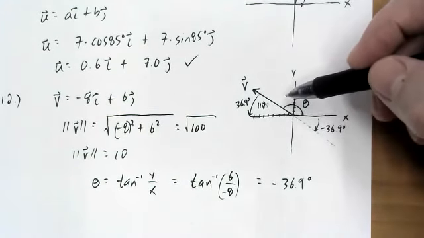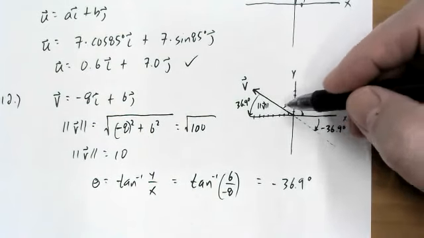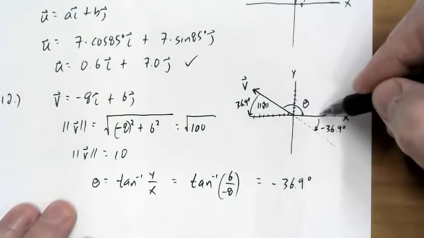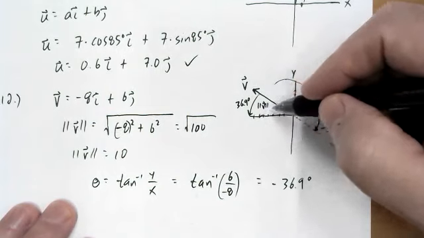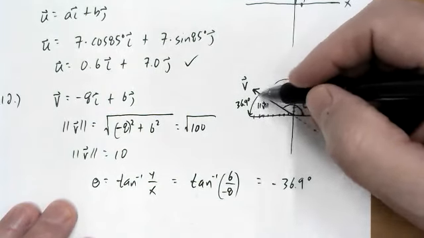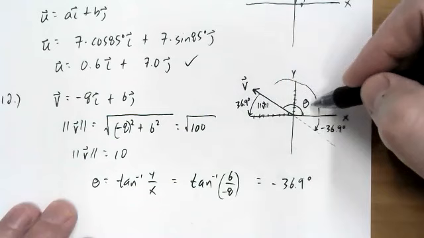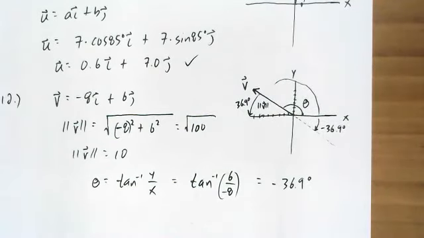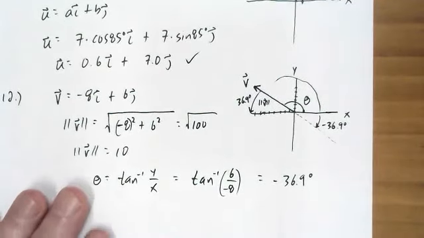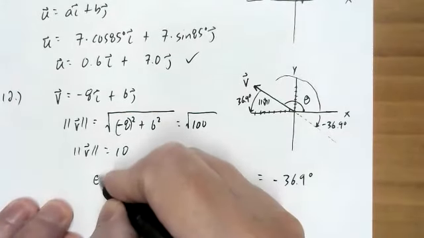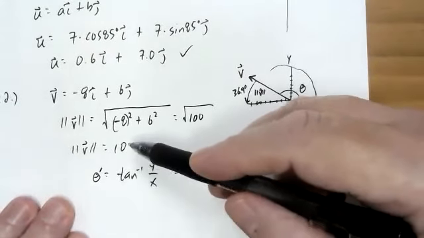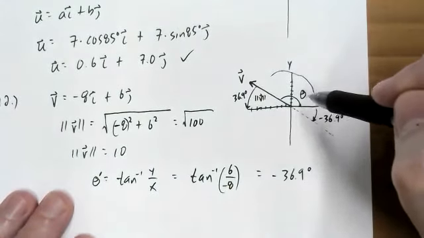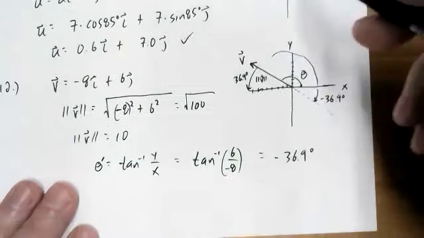So by knowing that, what I can do to determine my angle, I can take 180. In other words, I can go all the way across, that's 180, and then subtract 36.9, and that's going to leave my angle theta. So I'm going to call this theta prime, because when I actually did this calculation, this wasn't really the theta I'm looking for. So this is like theta prime.